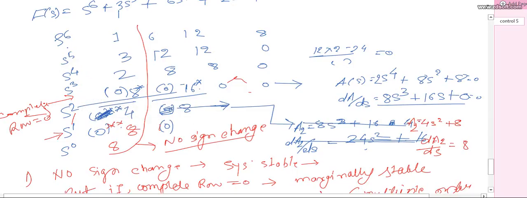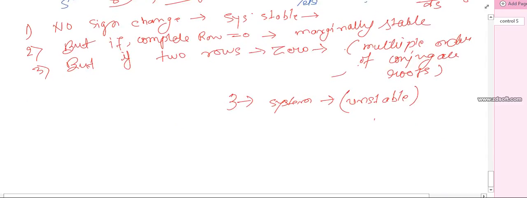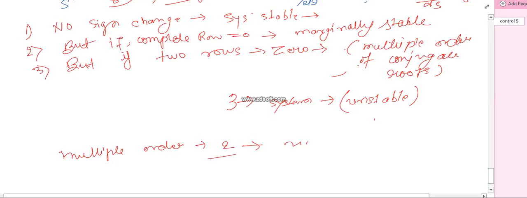What does that mean? It means the existence of two rows having zero elements. It means that a pair of conjugate roots on the imaginary axis are there with multiple order, that is, here the order was 2, and this made the system unstable.